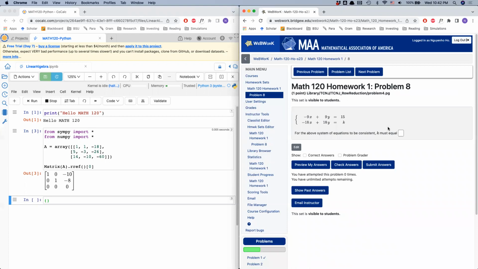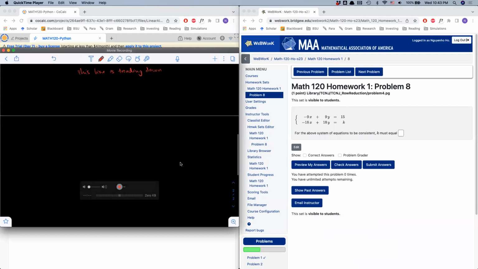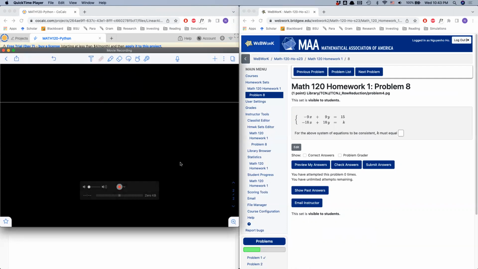Remember, a consistent system means that the system has either one solution or infinitely many solutions. So let's solve this particular system. Let me switch back to the tablet here.